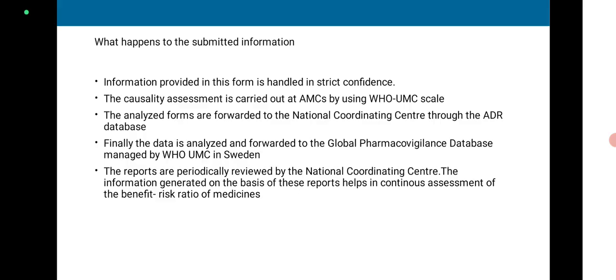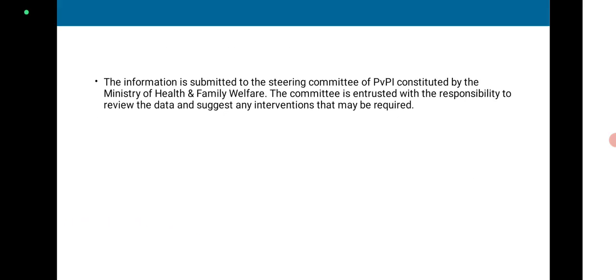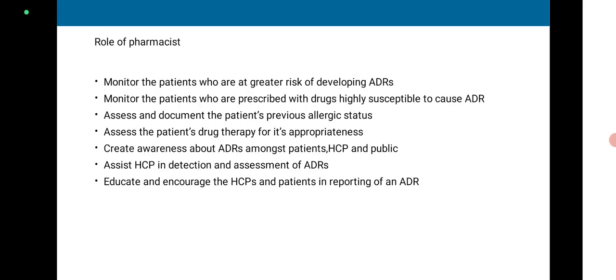The reports are periodically reviewed by the National Coordinating Center. The information generated from these reports helps in continuous assessment of the risk-benefit ratio of medicines. The information is submitted to the steering committee of PVPI constituted by the Ministry of Health and Family Welfare, which is entrusted with the responsibility to review the data and suggest any interventions that may be required.